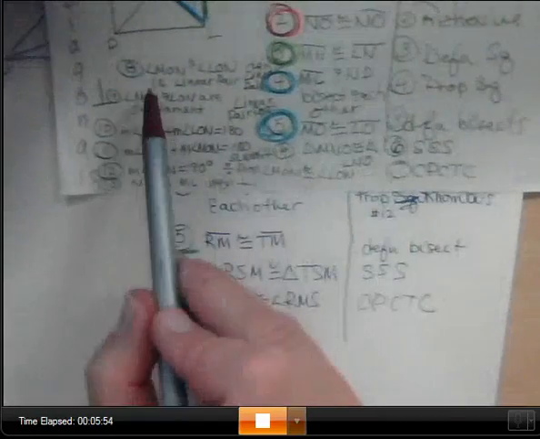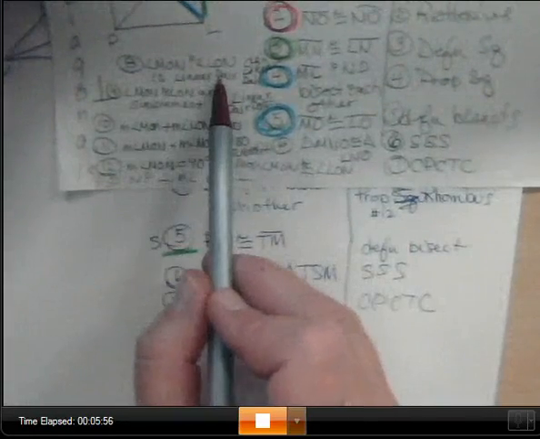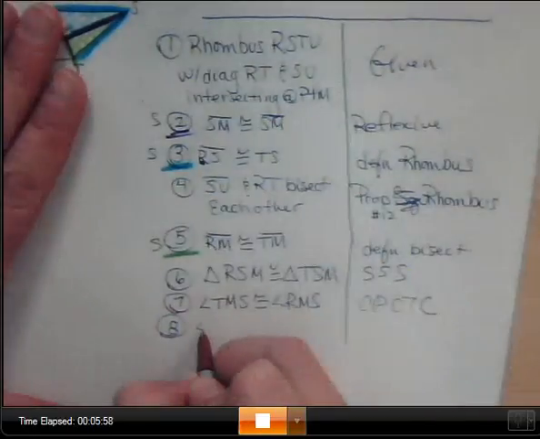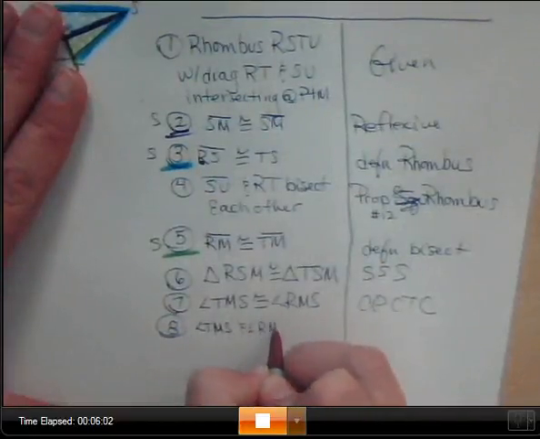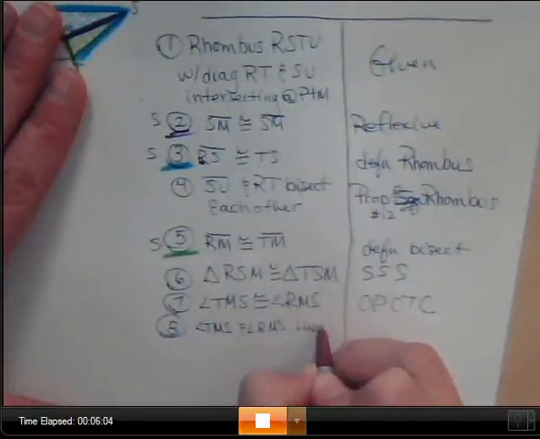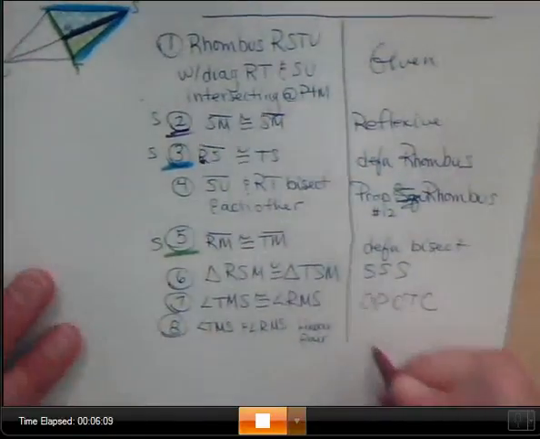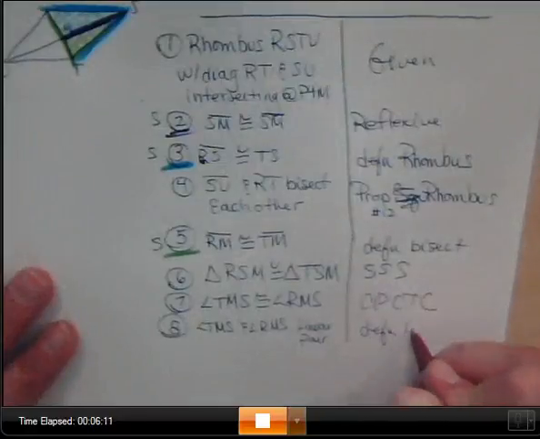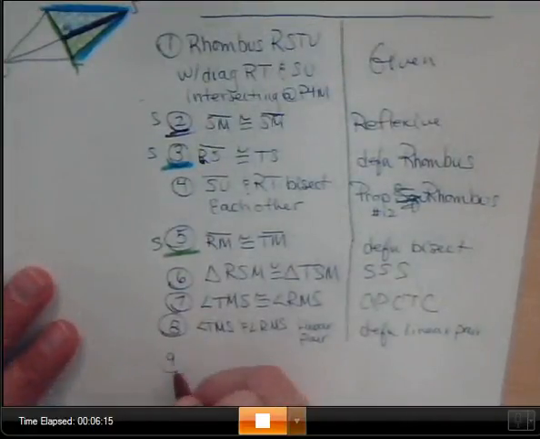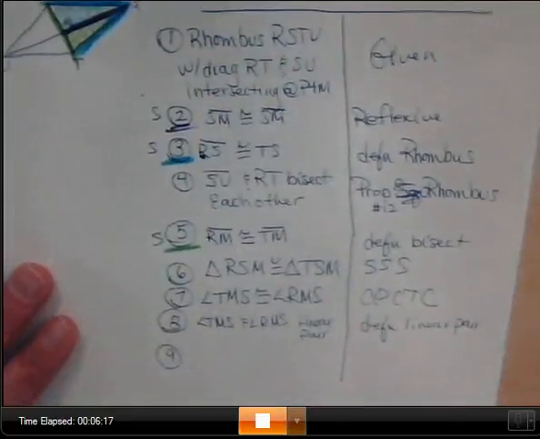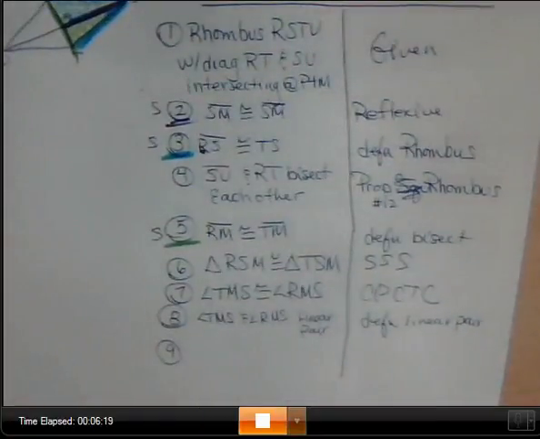What else do you know about those angles? In this proof, we got that, and then we said that they are a linear pair. So we can say the same thing, angle TMS and angle RMS, linear pair. Reason? Alright, so I got this beautiful linear pair.